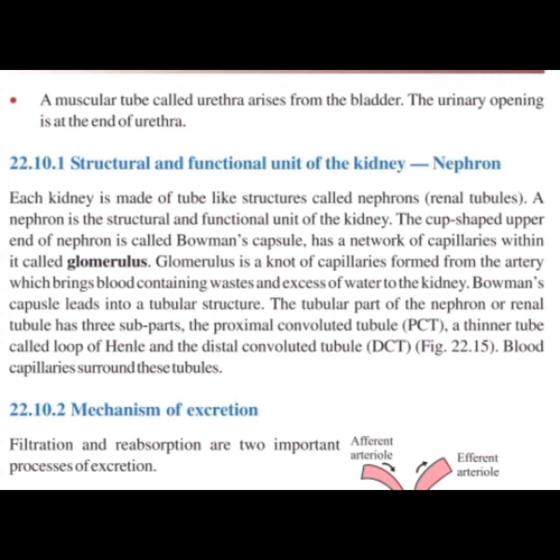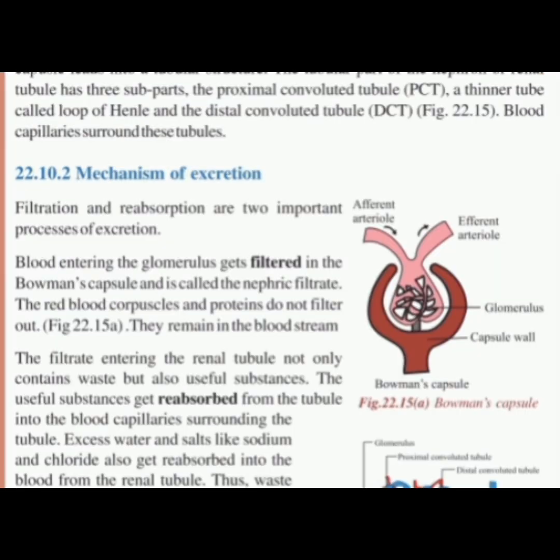You can see the cup-shaped upper end of the nephron, which is called Bowman's capsule, and the capillaries are called the glomerulus. It is like a knot formed in the artery which brings blood containing waste and excess water to the kidney.